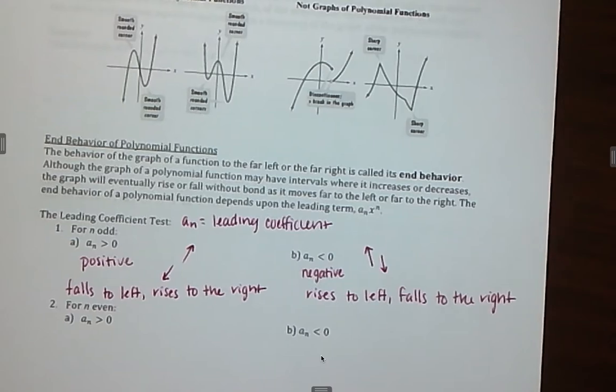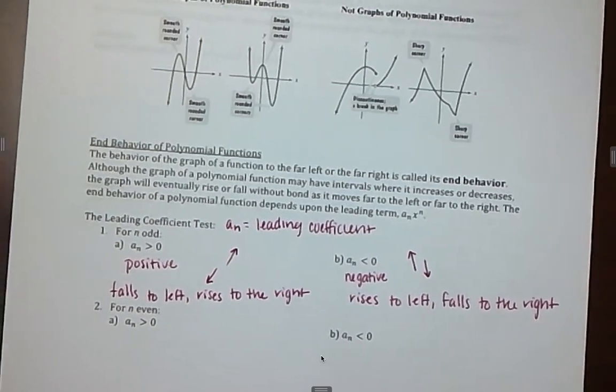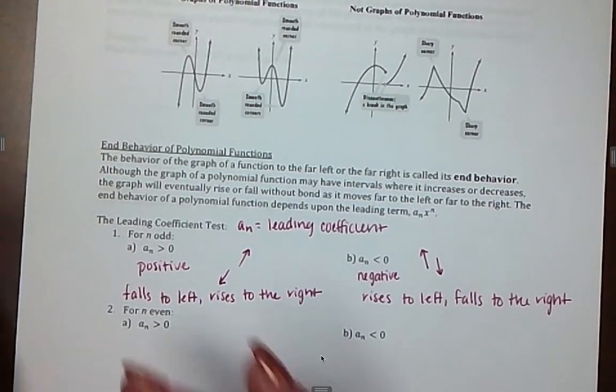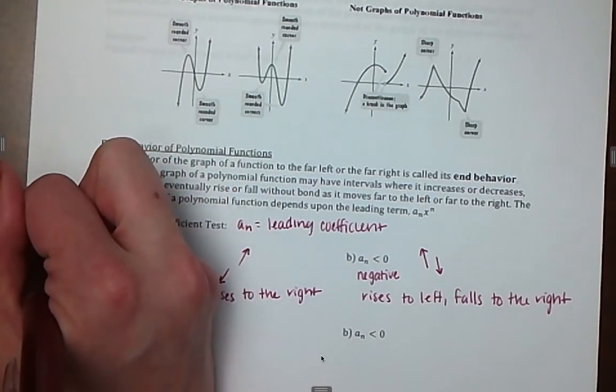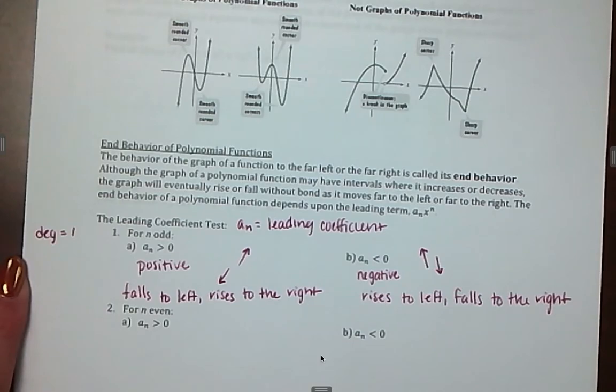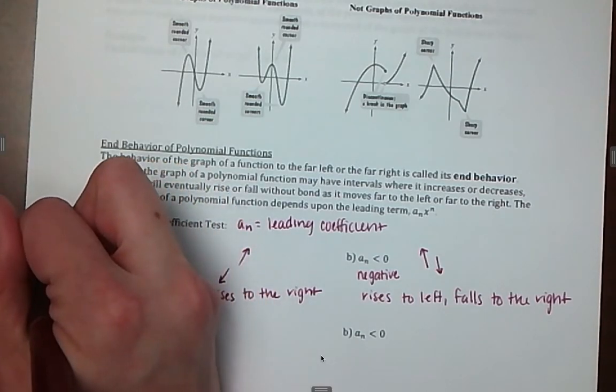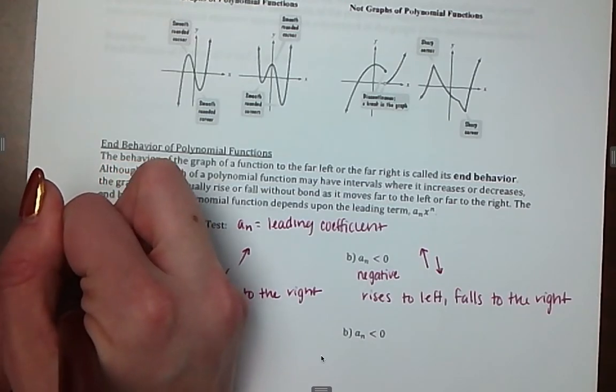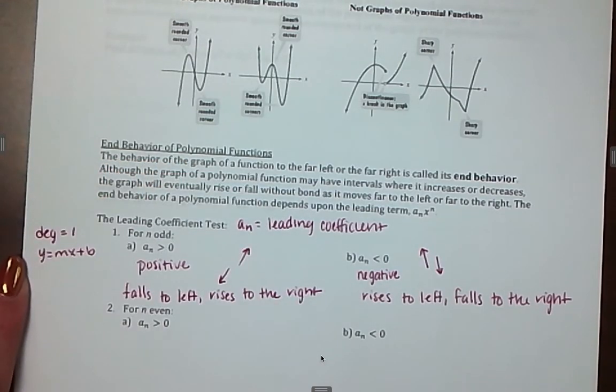So the easiest way to remember odd, I'm going to slide this over a little bit. Our lowest odd number is 1. Do you agree? So think about that. It's a line, like y equals mx plus b. So our leading coefficient would be that slope.